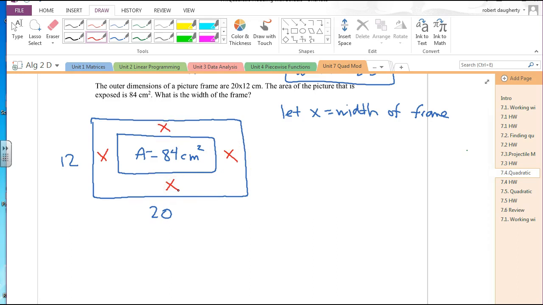Now, what do we think? How do I deal with this? What's different at this point? Yeah, so before I would write the distance from here to here as 12 plus 2x. That's not true here. What's the distance from here to here? Just a moment, okay? This is 12, that's 20.